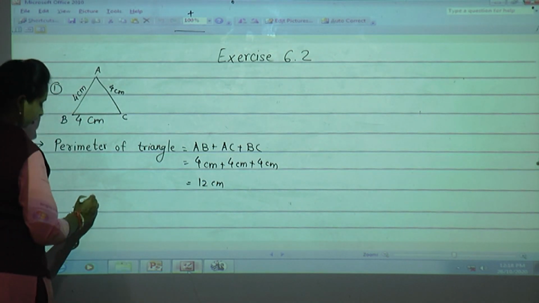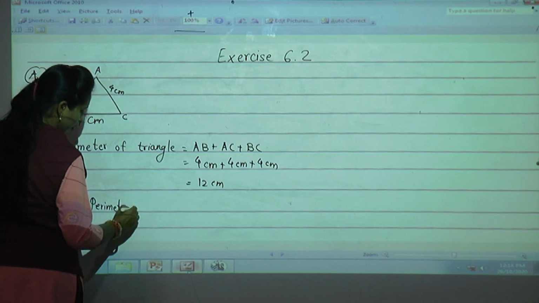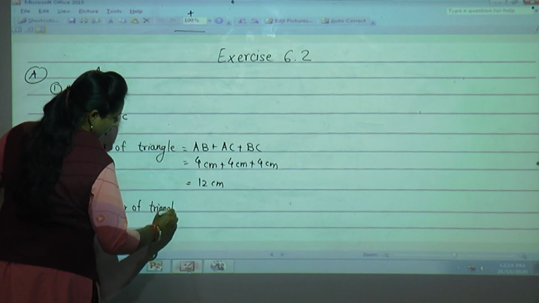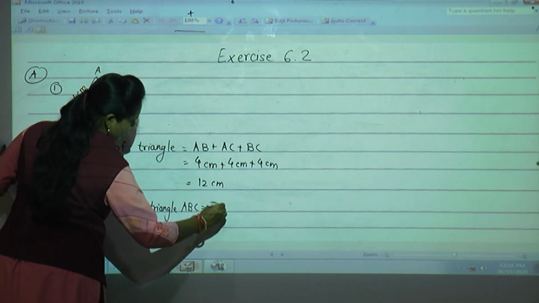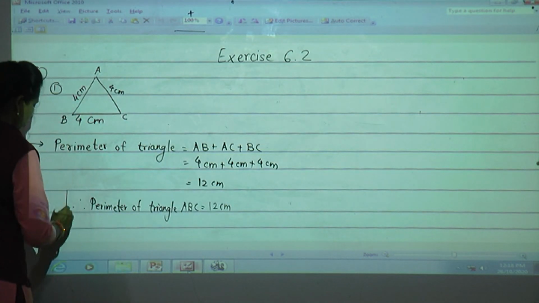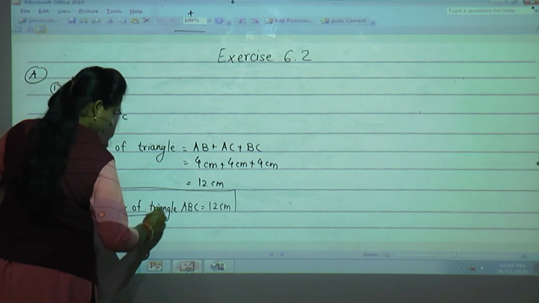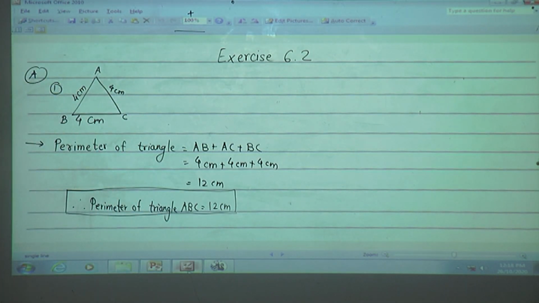Thus, perimeter of triangle ABC is equals to 12 centimeter. And draw one nice box with scale and pencil. Okay, understood? In this way you are going to solve.